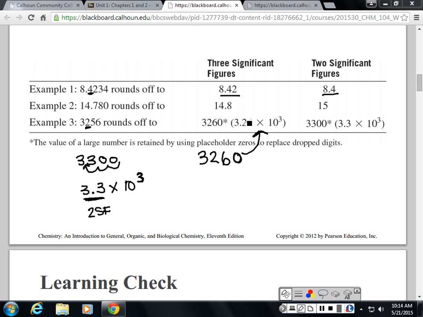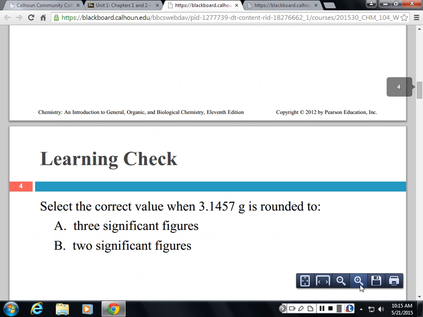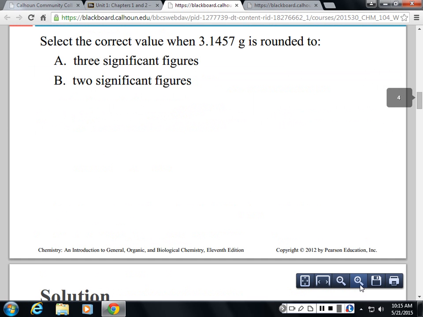Here we had 3 significant digits. Okay, we want to round 3.1457 to 3 significant digits and to 2.